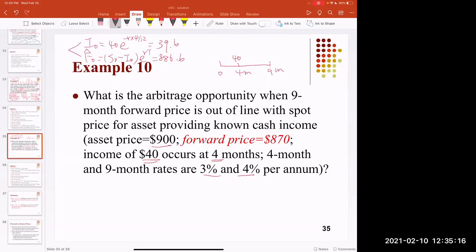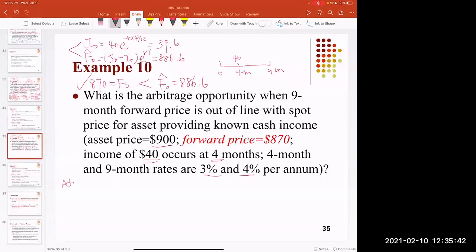And now the market forward price is $870, and we estimate the forward price is $886.6. So you see the relationship: the estimated forward price is higher. So in this case, we're going to buy low, sell high again. We're going to buy the left-hand side, which is the market forward price.